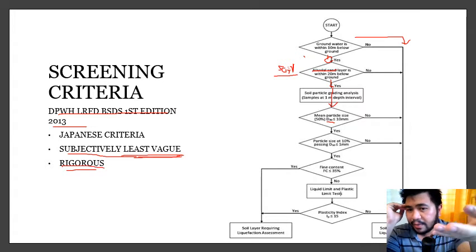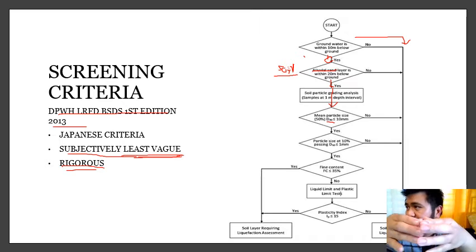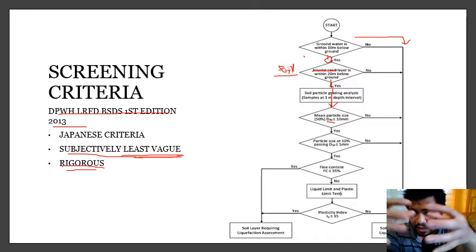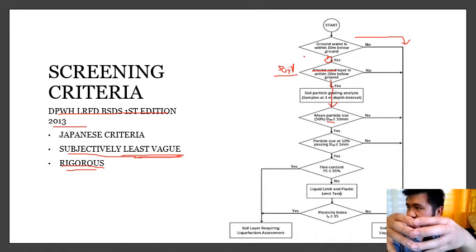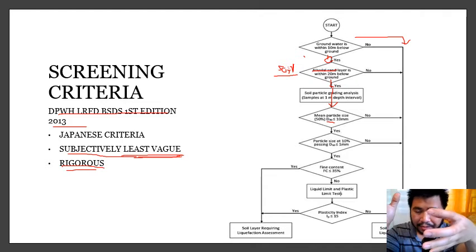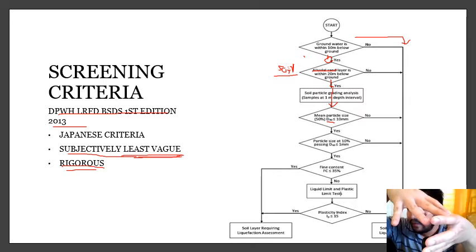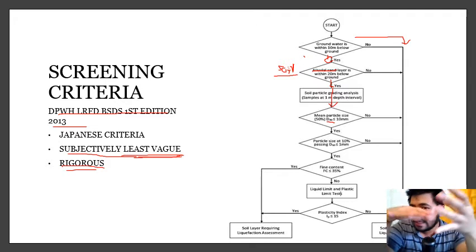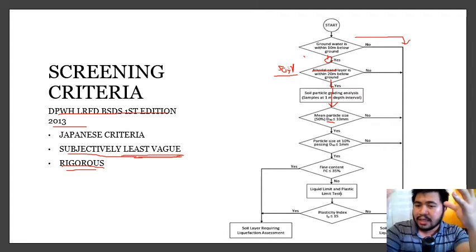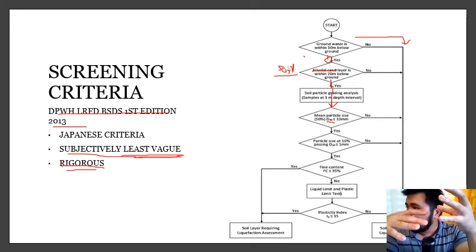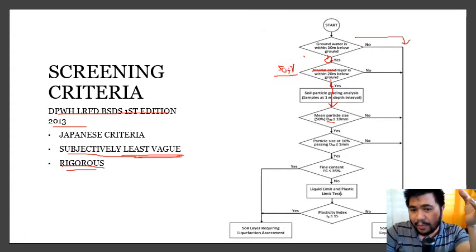For example, if I have a sieve with holes of 10 millimeters, and I drop a soil sample in the sieve, and 50% passes through that, that means the D50 of my soil is 10 millimeters.